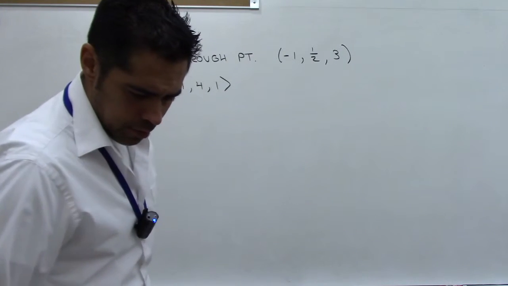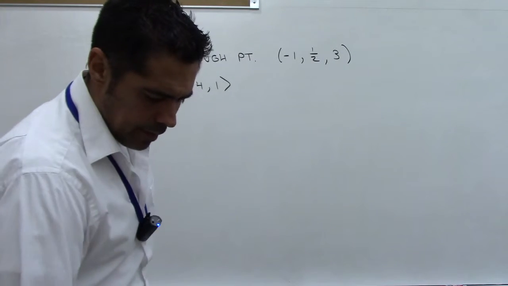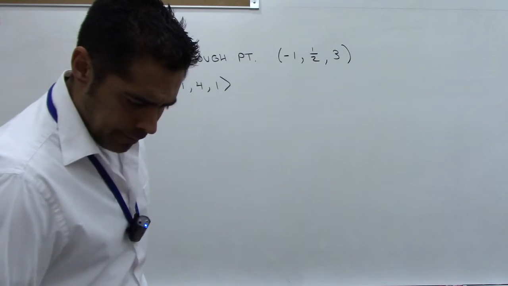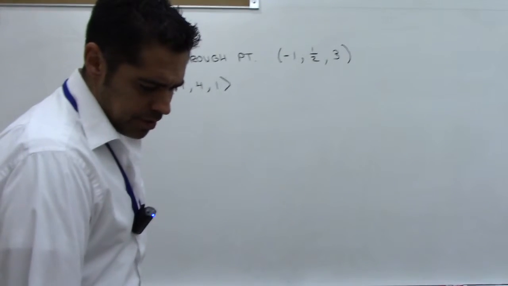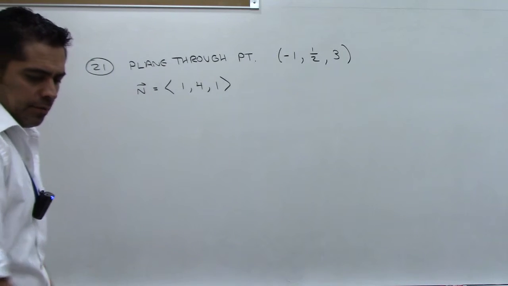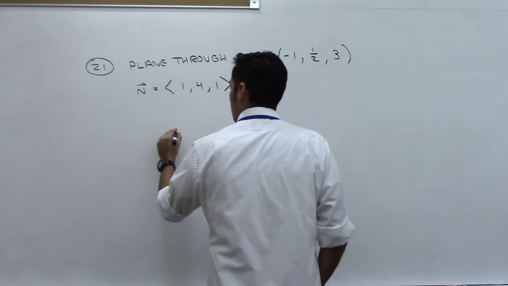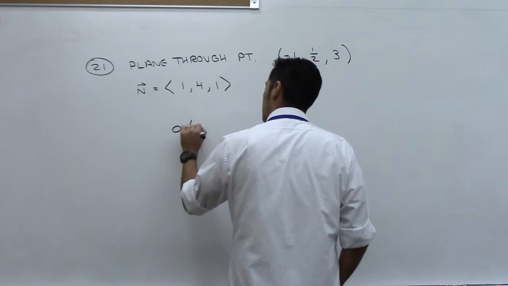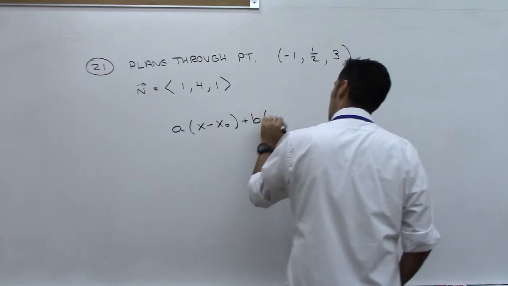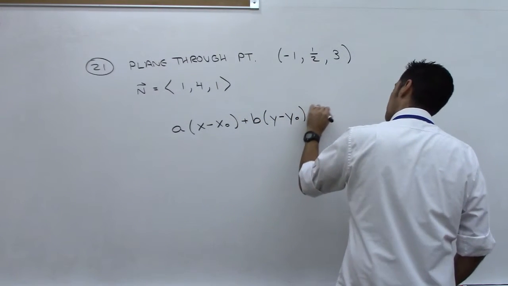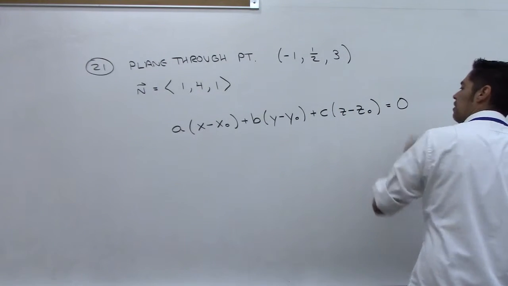I'm going to go in my notes real quick and make sure I use the same formula that I used in class. So equations of planes. So this is note 10.5.14. Remembering that for a plane, the equation of a plane is given by A times (x minus x naught) plus B times (y minus y naught) plus C times (z minus z naught) equals 0.